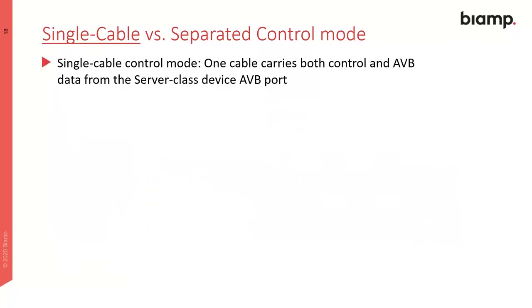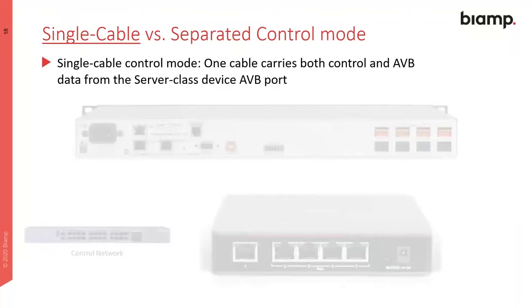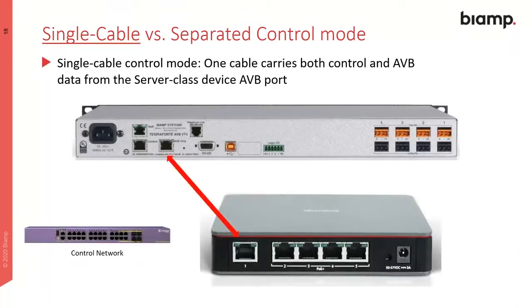However, in single cable mode, you just need to have an AVB connection to the Tesira Forte AVB VT4, and you can just connect directly into the control network through one of the available ports on the TC5D.